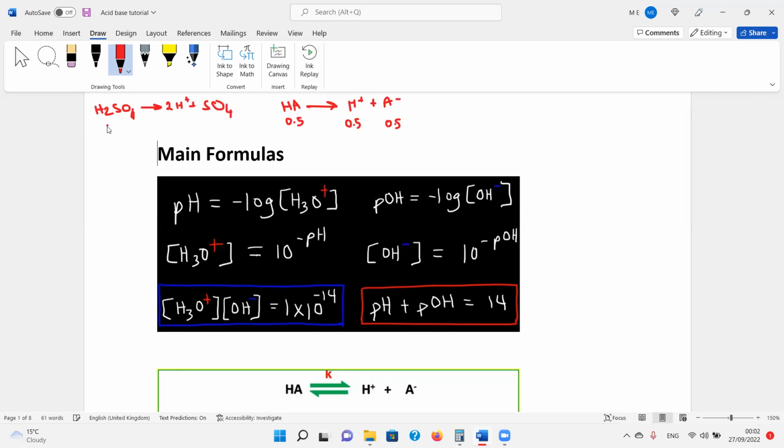So if you start with, let's say, 0.5 moles here, then here it will be 2 times 0.5, and here it will be 0.5. So always you have to take into consideration the coefficient here.